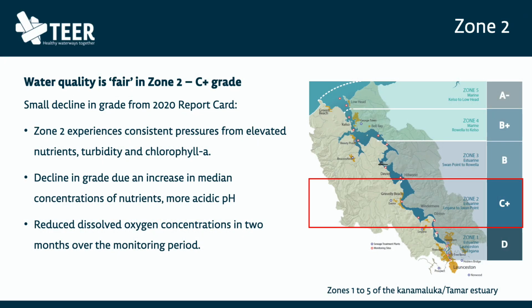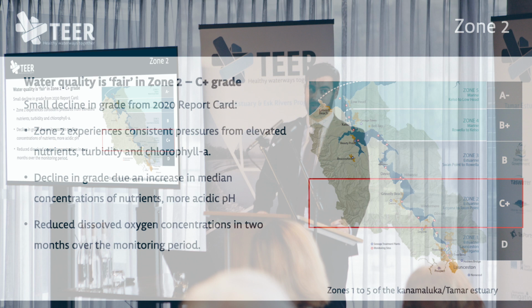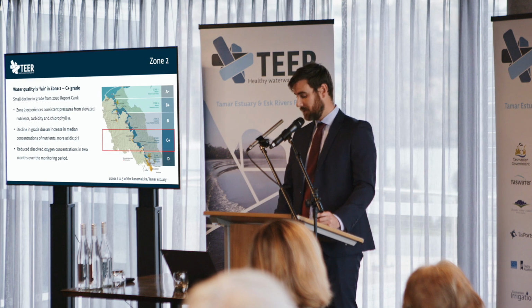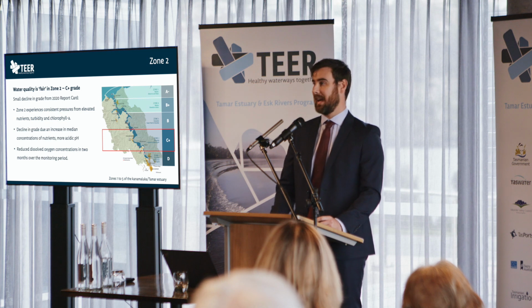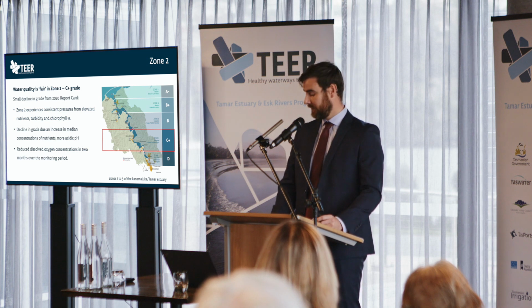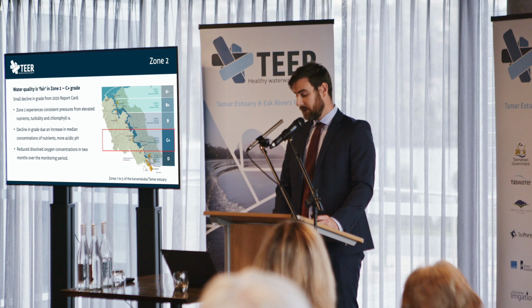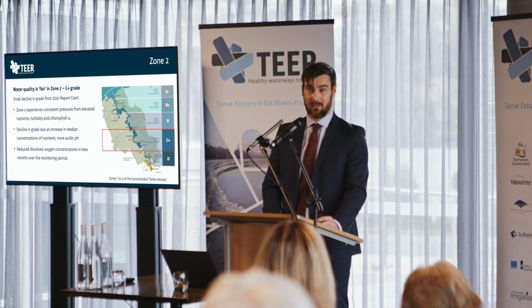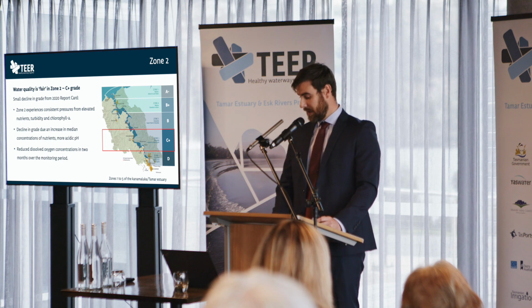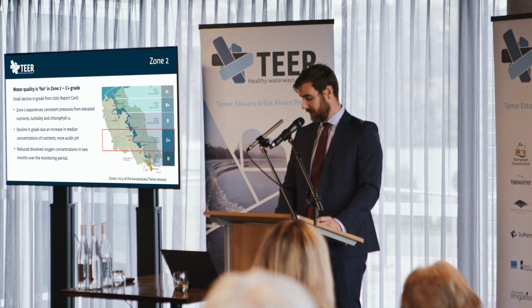In zone 2, water quality is in fair condition, receiving a grade of C+. This represents a half-grade decline relative to the 2020 report card period. But as I had said earlier, this is well within the range of what we have seen with other report card periods. No surprises here. Similar to zone 1, zone 2 experiences consistent pressures from elevated levels of nutrients, turbidity and chlorophyll A as well.